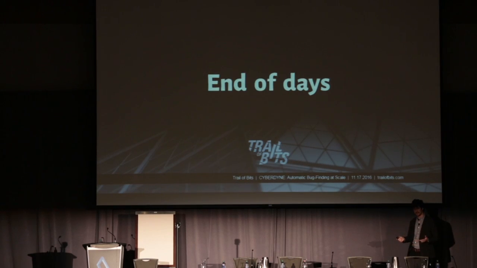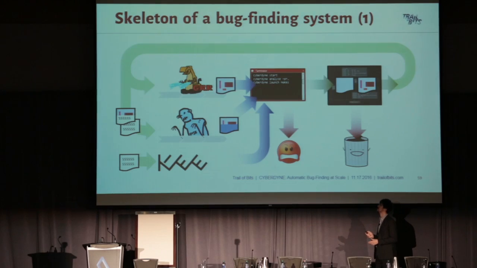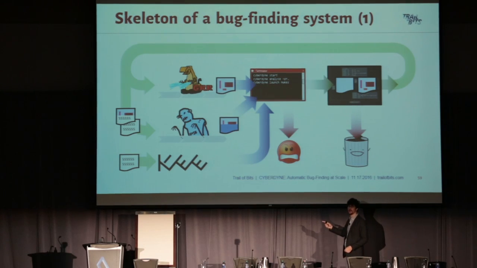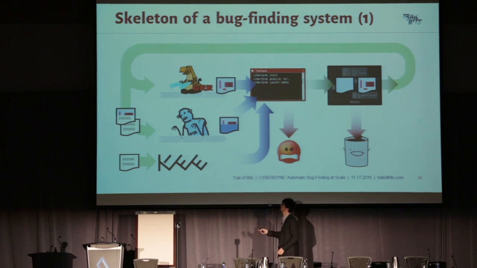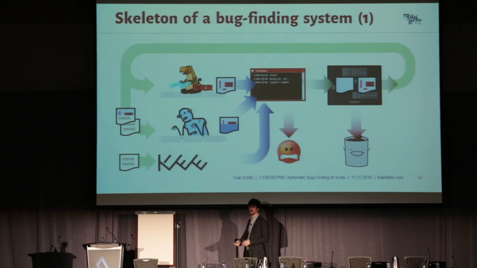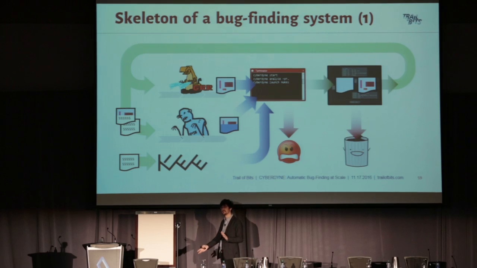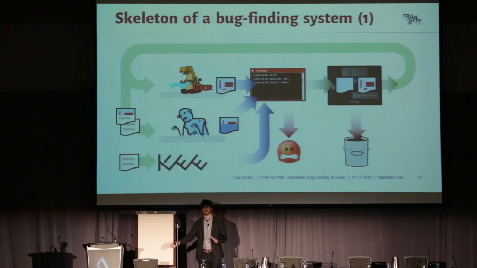And so we're finally coming to the end, and we've seen the high-level architecture of Cyberdyne. We can see now the sort of communication around the system. We've got the symbolic executors. There's the initial one that's taking completely symbolic input, producing outputs.